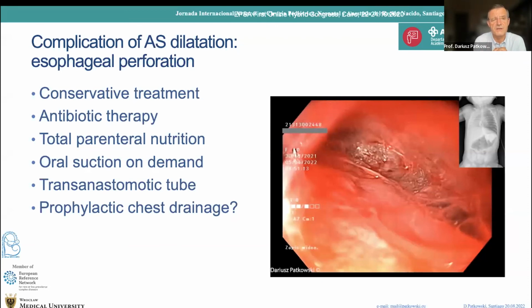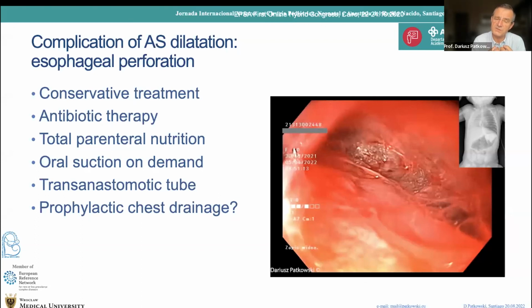We have had only a few cases with perforation. In such cases, we use only conservative treatment: always antibiotic therapy, and total parenteral nutrition for at least 1 week. Oral suction on demand. I don't use any Replogle tube. It's my strong belief that it shouldn't be used for esophageal atresia patients, because suction of oral secretions causes dryness of the mucosa, which causes inflammation.